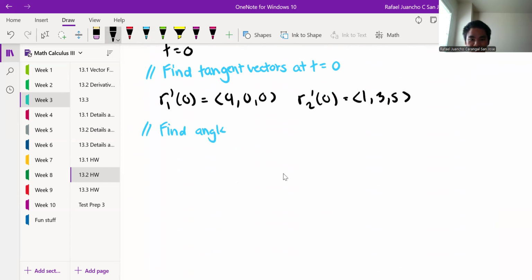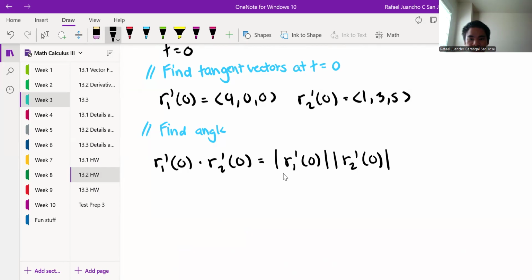There's this fact that taking the dot product of two vectors gives a formula, and then we get their magnitudes, and then we actually get a theta out of it. So the dot product of both of them will be equal to the length of both tangent vectors times the cosine of the angle.